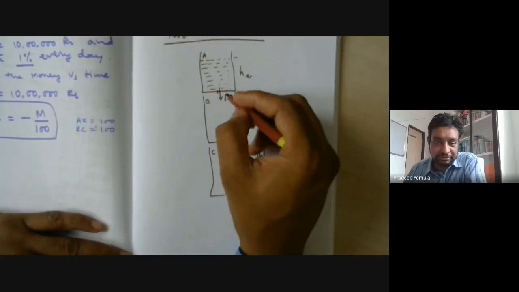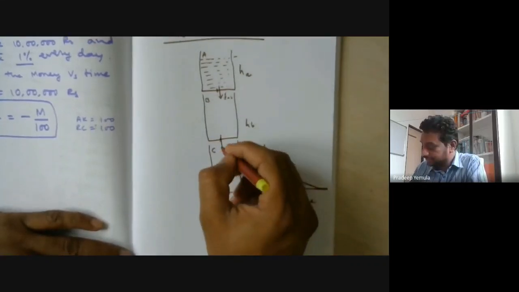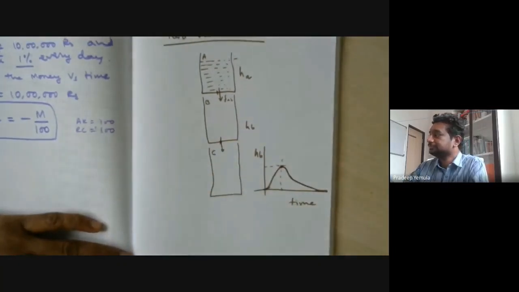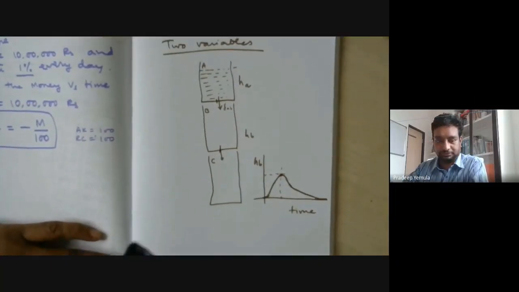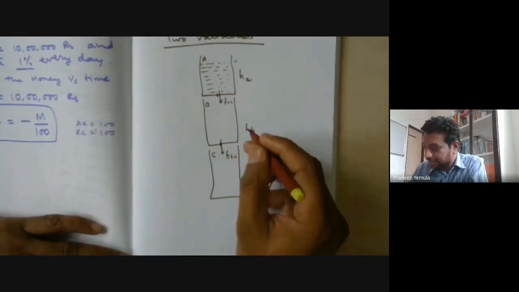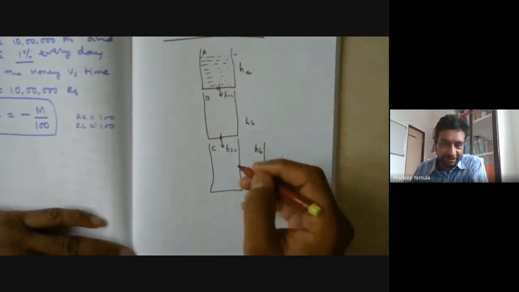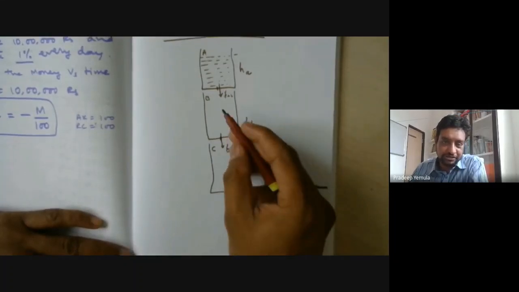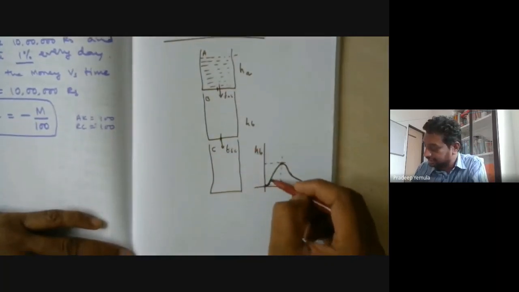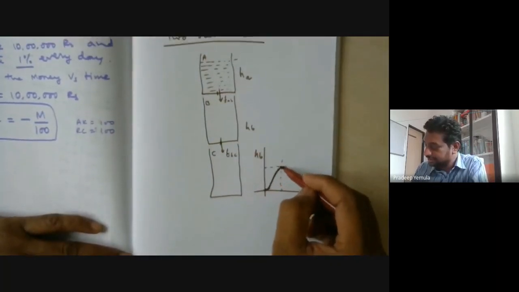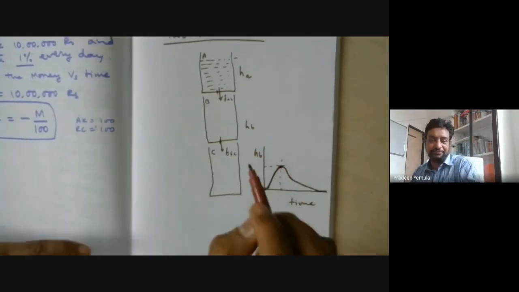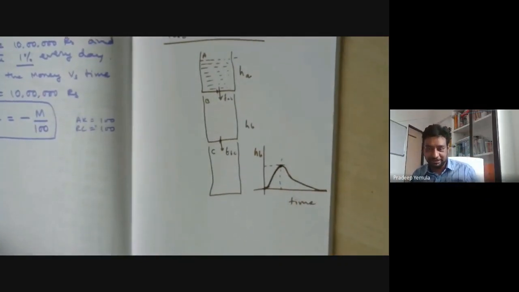Flow is from A to B. Similarly, there is a flow from B to C. This flow from B to C will be very less in the beginning because there's not much water. So more water will enter and less water will leave, so the height will increase. At this point, both the flows are equal, so height is maintained, and after that height is reduced. So this is what we are expecting.